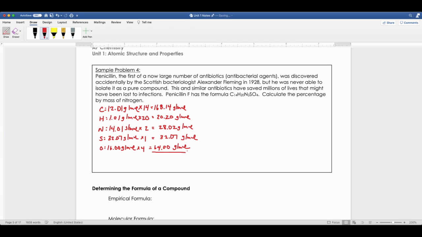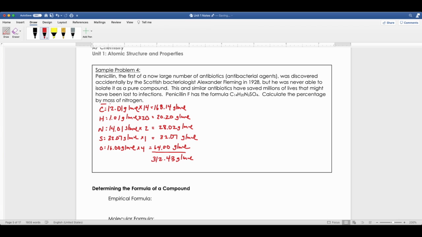You're going to see as we progress through AP chemistry, it's very easy to lose track of units. So we want to write everything out very in depth, very neatly, so we could follow our work. Add all these up, and I get 312.43 grams per mole. So that's the total molar mass for penicillin.